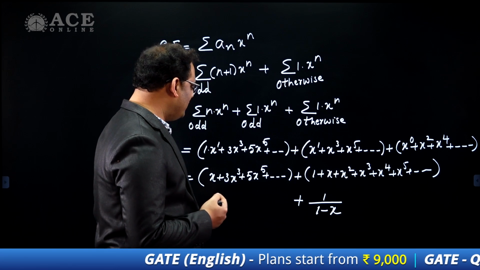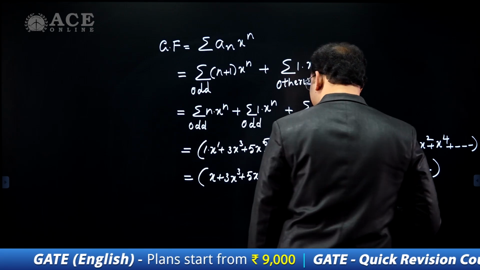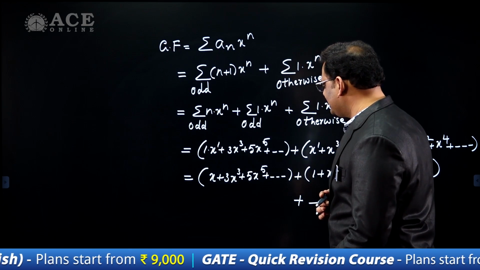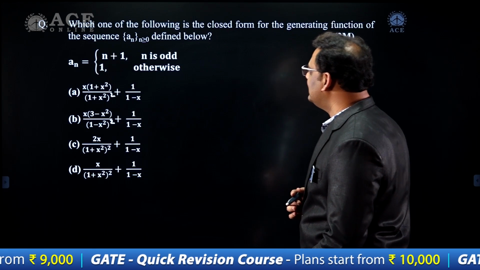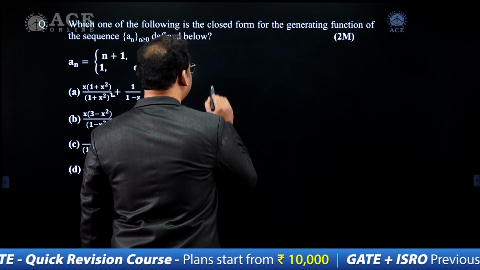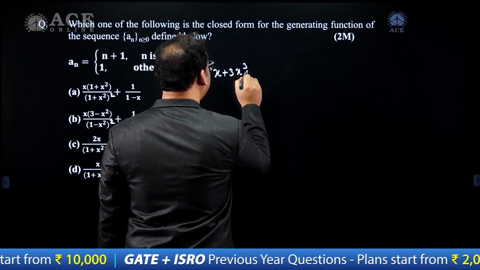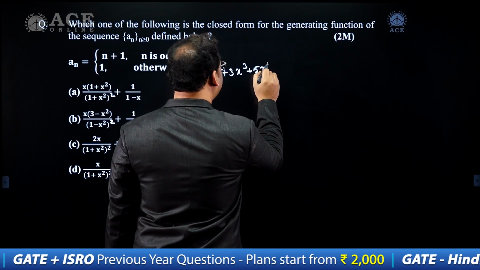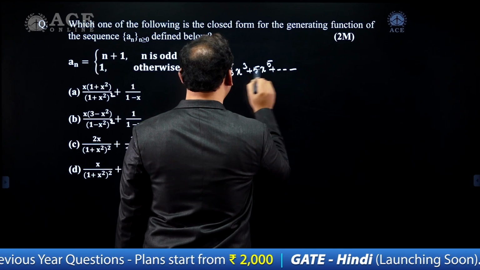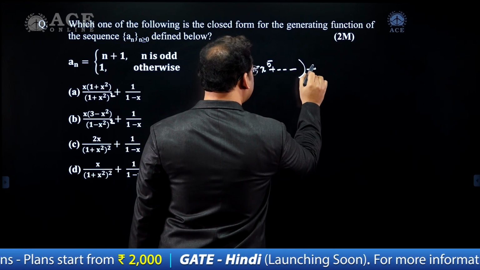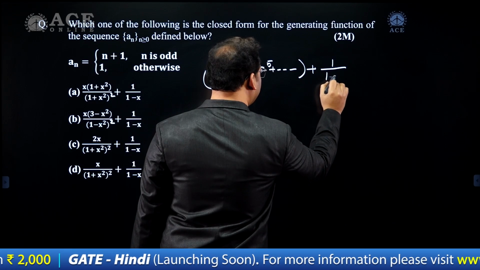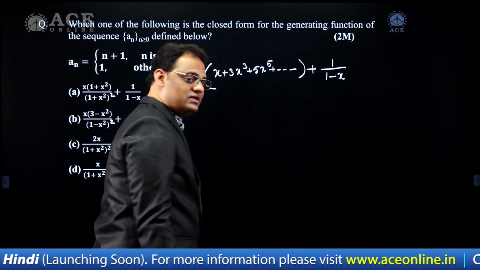Now here I want to check the options. I reached something like, my answer is x into (1 plus 3x square plus 5x power 4 plus so on), and the second part is 1 by 1 minus x.